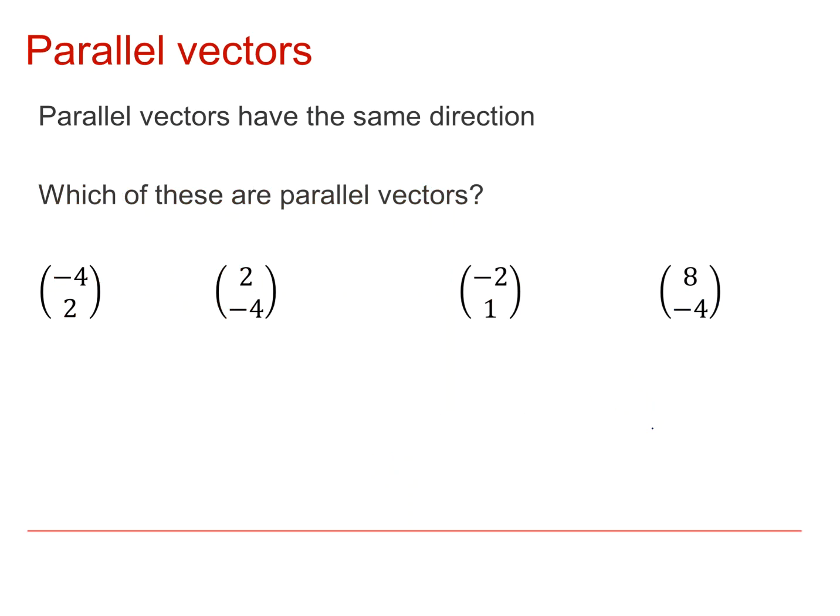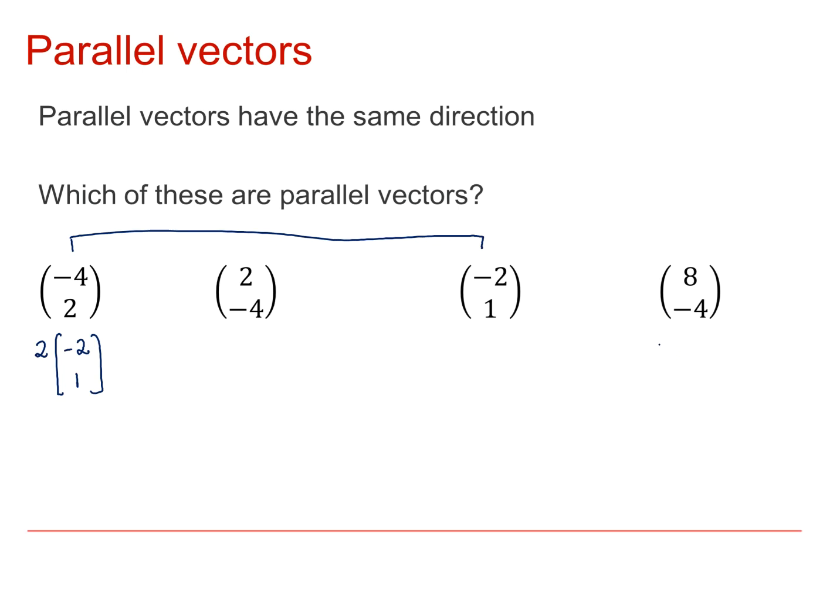Parallel vectors have the same direction. Pause the video for a moment while you work out which of these vectors are parallel to each other. OK, they're parallel if they can be written as a scalar multiple of each other. So (-4, 2) is just 2 lots of (-2, 1). So those two are parallel.